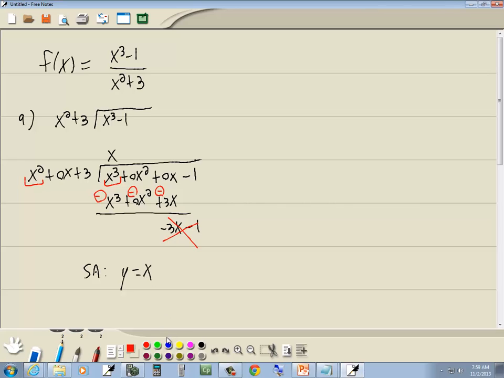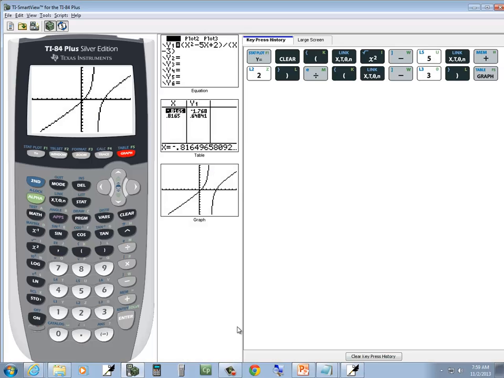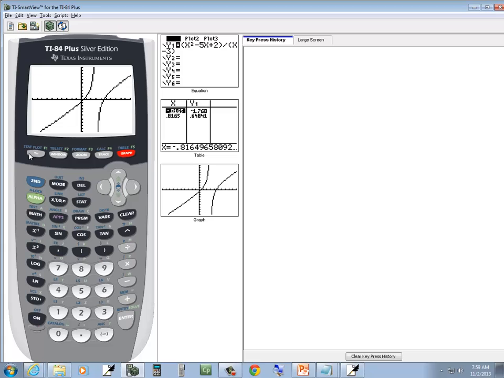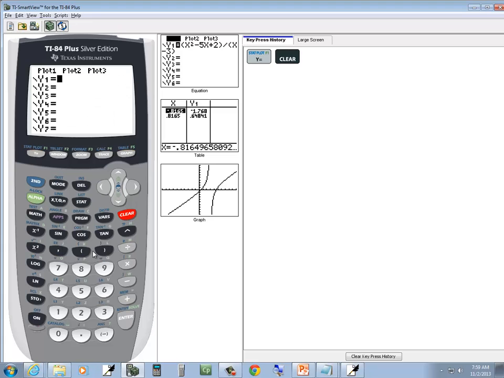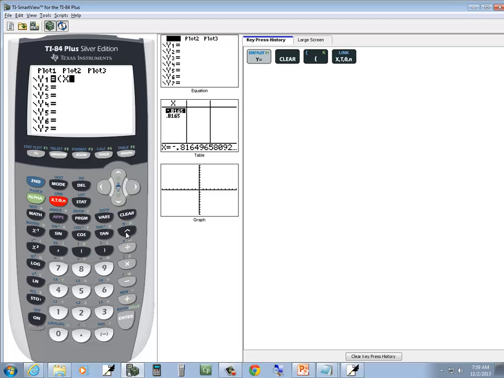Now the key to graphing these is, for a rational function, anytime you have more than a single number or a single variable on top or bottom, put parentheses around that part. So we'll put parentheses around the top, parentheses around the bottom. So let's see what that looks like. I'll press y equals, press clear, do a beginning parentheses, x to the third, so x caret 3.